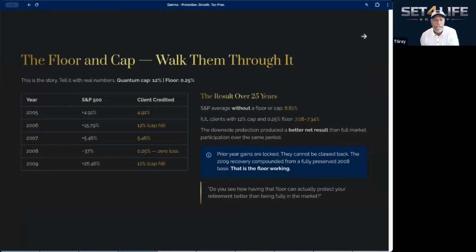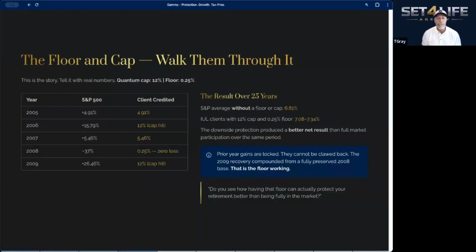All right, let's talk about the floor and the cap. One of the IUL products that we work with, I should say, is F&G Quantum. In the case of F&G Quantum, the cap is 12% and the floor is 0.25%. So let's compare that to the S&P.